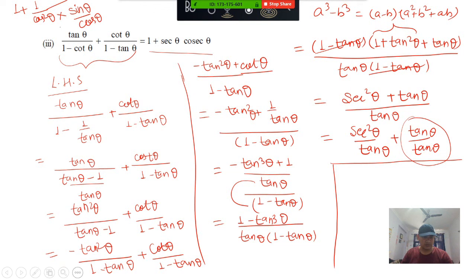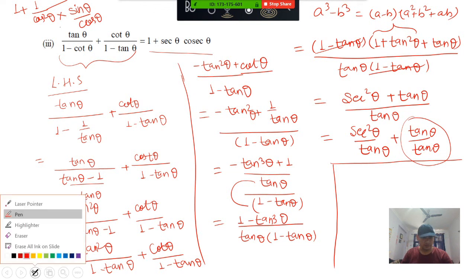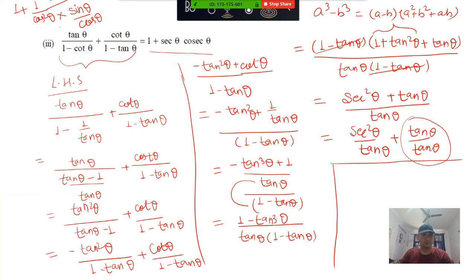Let me change the color so it will not mix up. It is clear that one cos theta and one of this power will be cancelled. The term remaining is 1 plus 1 upon cos theta sine theta. Correct?